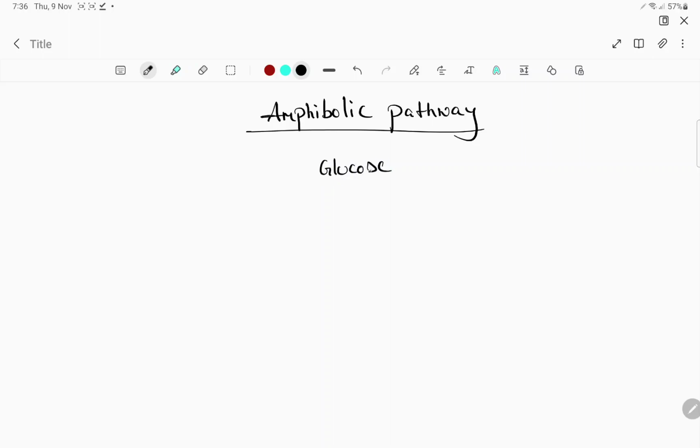Coming to the next topic, the amphibolic pathway. We will see the respiratory substrates. Amphibolic pathway means the Krebs cycle acts as both catabolic and anabolic.